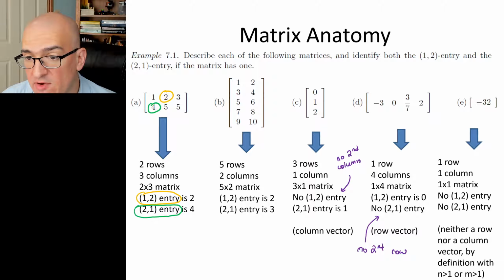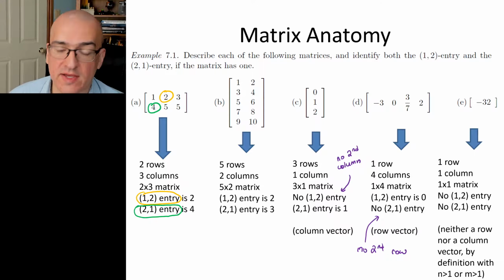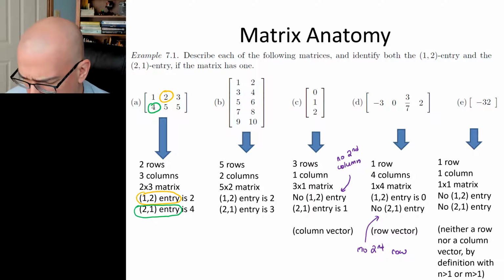A peculiarity of the definition of column vector and row vector is that the matrix E with a single element is neither a column nor a row vector, because the definition requires that the number of rows be larger than 1 or the number of columns be larger than 1 in order to qualify as a row or column vector. That's just pickiness, I think.